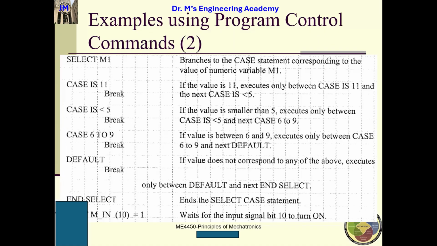Because if you do not have break here, after they finish this part, they will go do this one also. Make sense? However, if you have a break, after they finish these commands, we'll get out, step out from this select. Any questions?